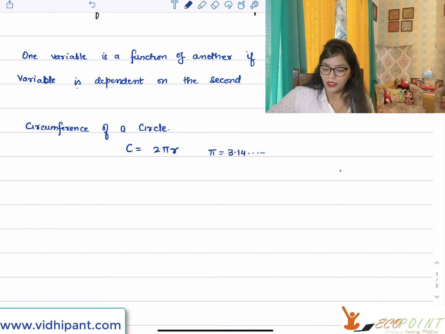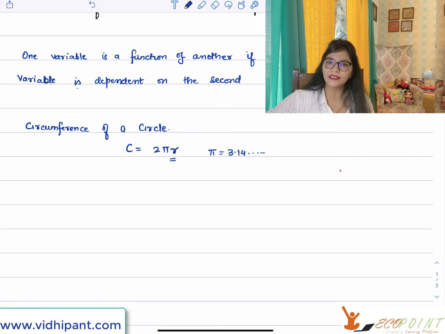Can you see that there is clearly a relation between circumference and radius? R stands for the radius. If you keep on changing the radius, you will get different circumferences, telling you about different circles, right?